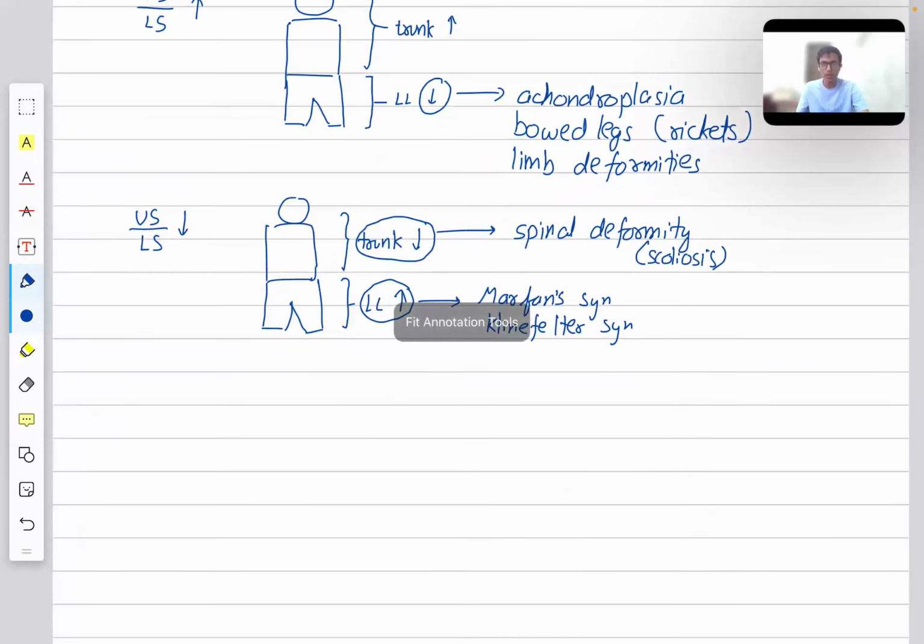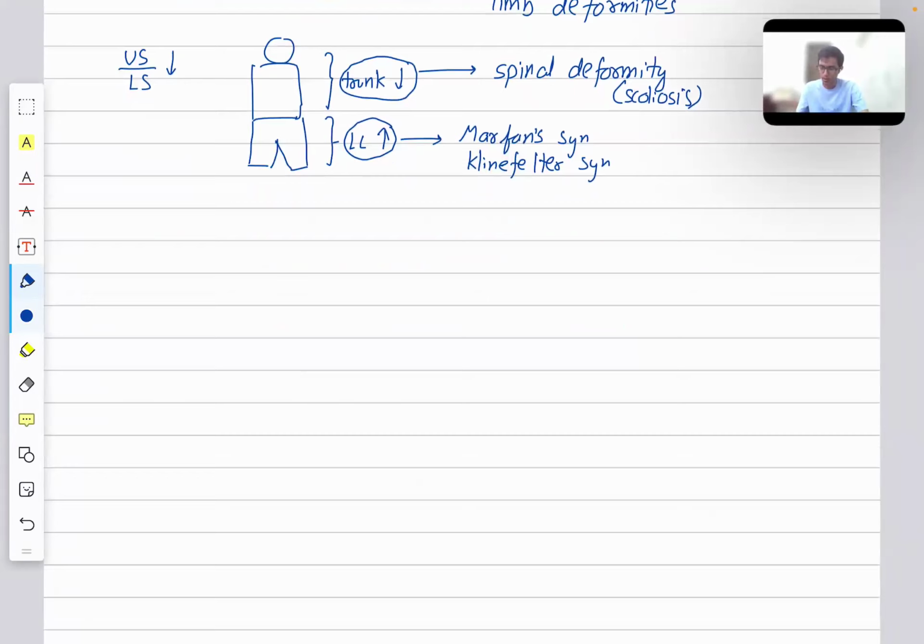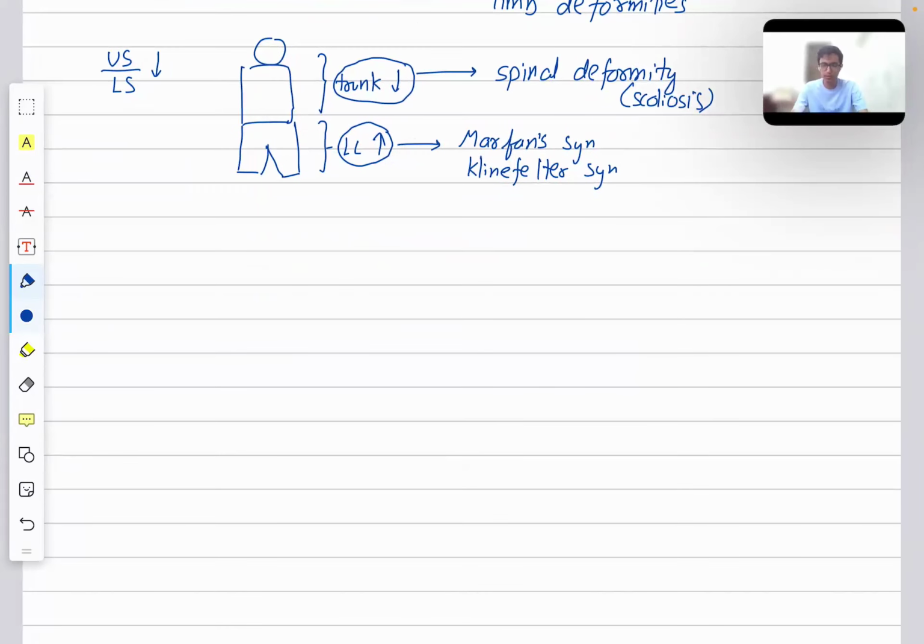Usually you are not asked to measure the arm span, but you should know the method. So in cases of long or short stature, you will ask the patient to horizontally outstretch his or her arms, then place the tape from the tip of the middle finger of one hand, pass the tape around the back of the child, and measure up till the tip of the other middle finger.